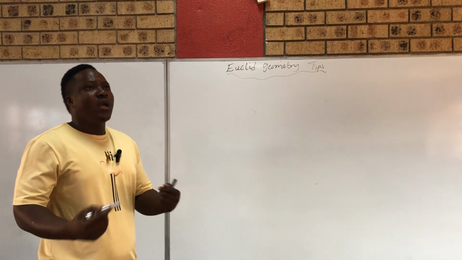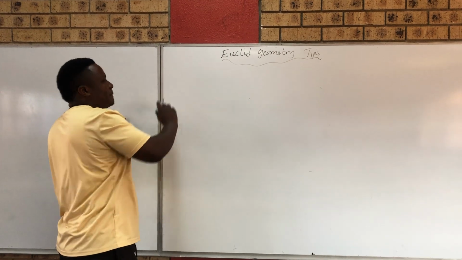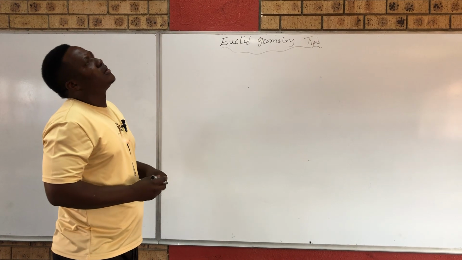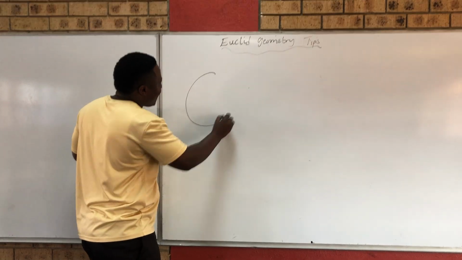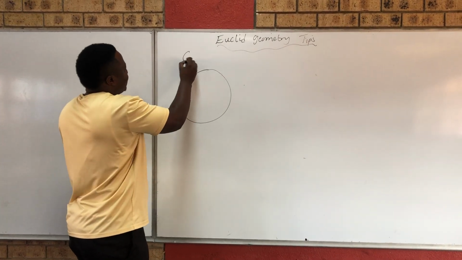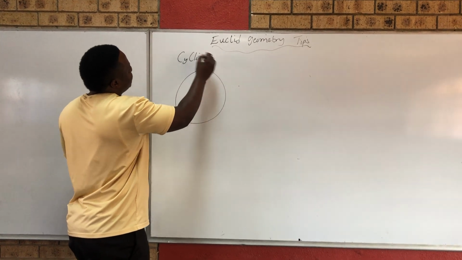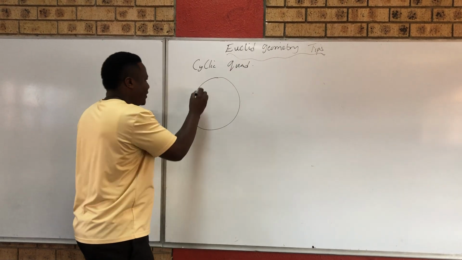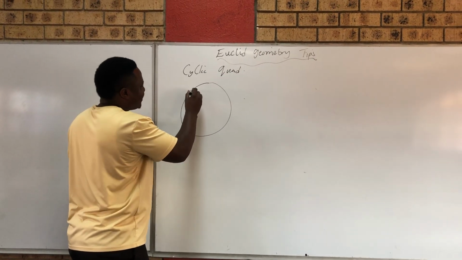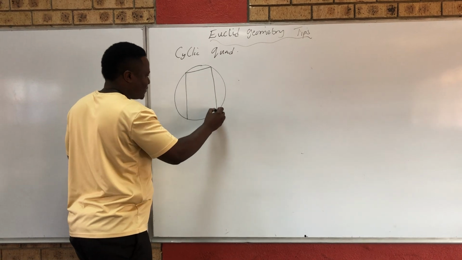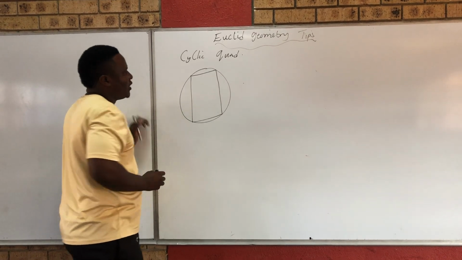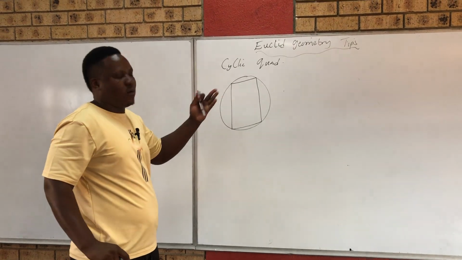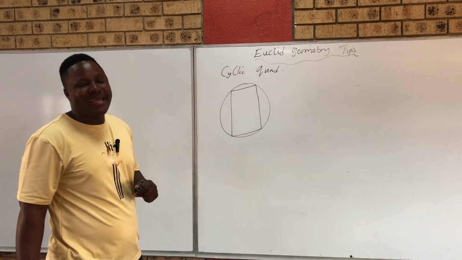Let's do this one. Cyclic quad. A cyclic quad is something like this, where you have all four vertices intersecting the circle, and this is called concyclic.